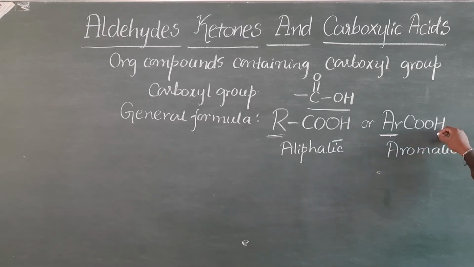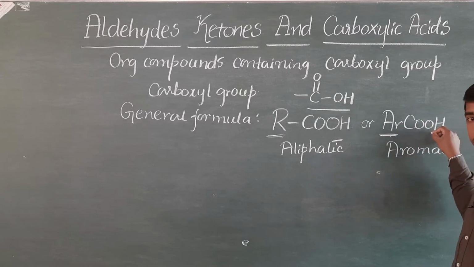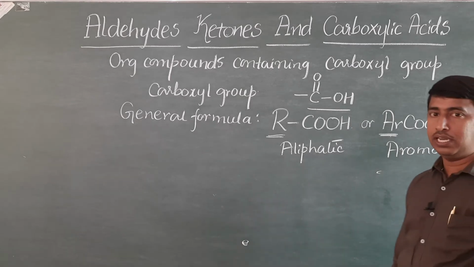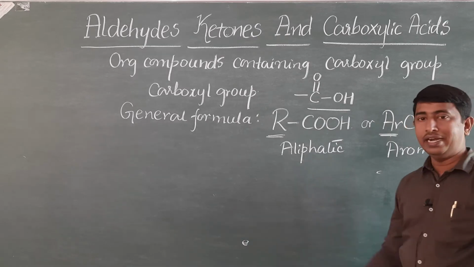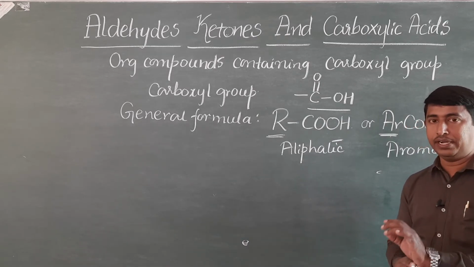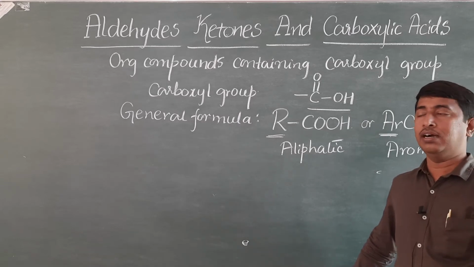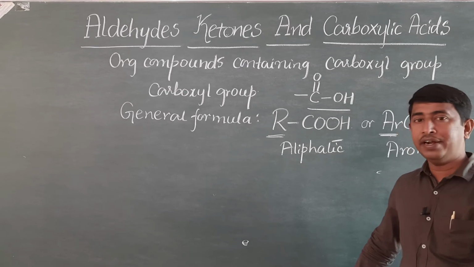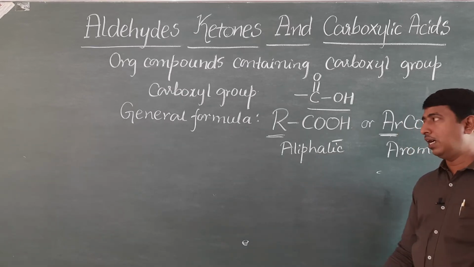Or if we observe an aromatic ring bonded to carboxyl group, then it is named as aromatic carboxylic acid. So depending upon the nature of the group attached to carboxyl group, we can have two different types of carboxylic acids: aliphatic carboxylic acids and aromatic carboxylic acids.